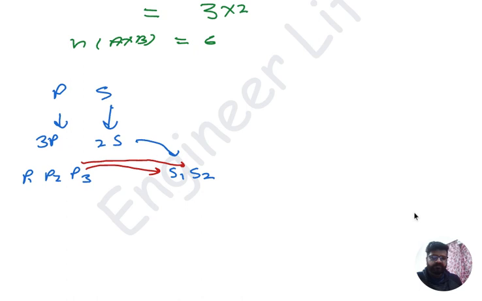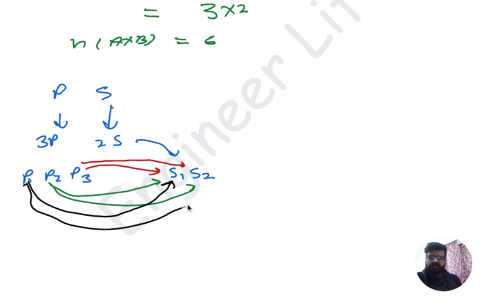Now another combination is, you can put on the P2 pant with a shirt, so this is another combination. Now we come to the next combination. You can put on pant 1 with shirt 1.